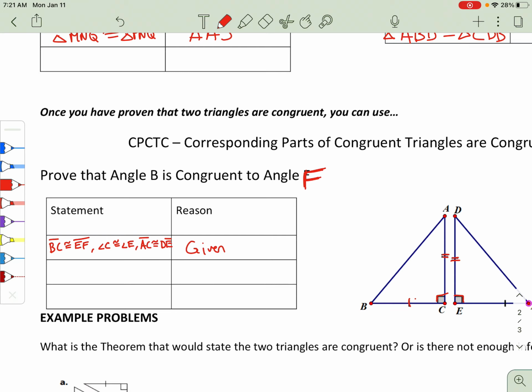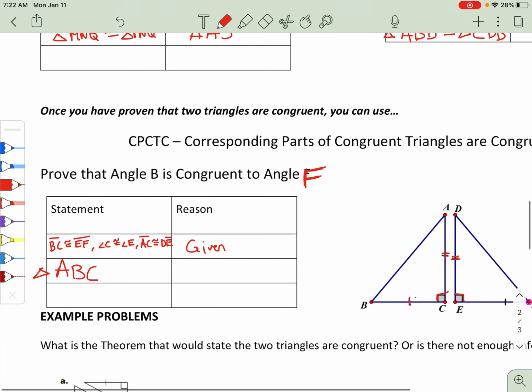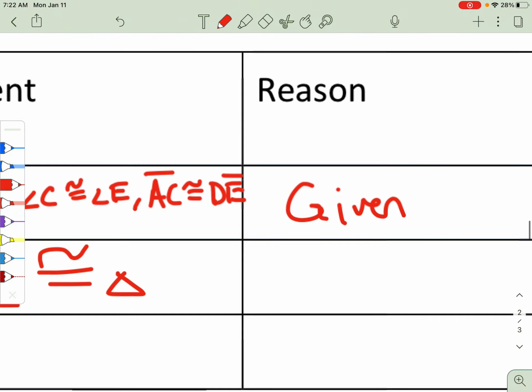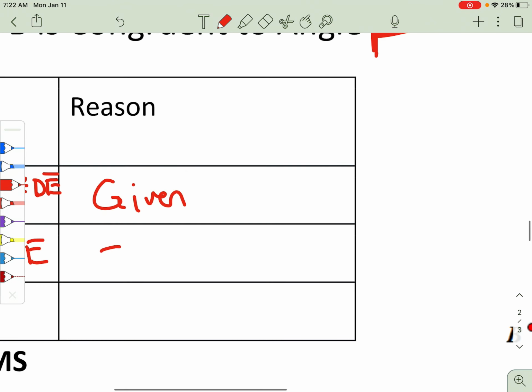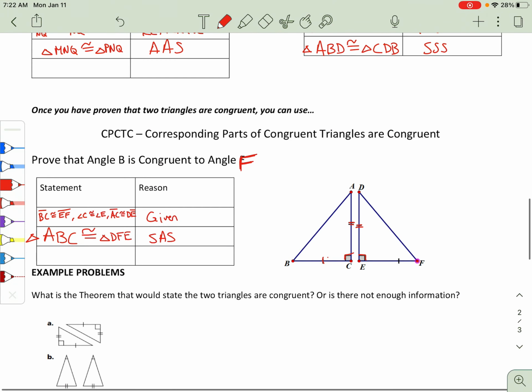Okay, well, again, we can now say definitively that triangle ABC is congruent to triangle DFE. Okay, and we know that because, as we just stated, of side, angle, side.